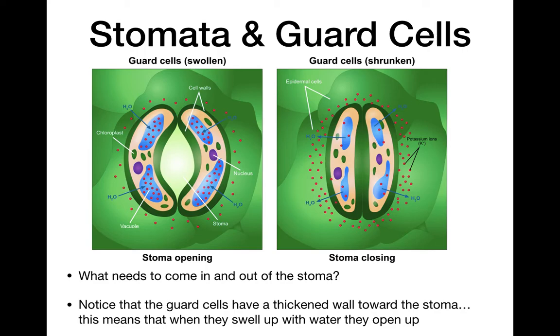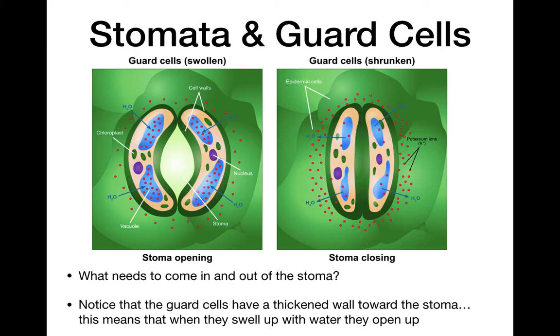So when these are full of water, notice in this one there are lots of water molecules here, it becomes quite rigid and pops open. When the water leaves, and the little red dots are the water, then they become much more flaccid, they don't have enough to support them, and they close shut like this. Okay, so water is what helps keep them open and closed.